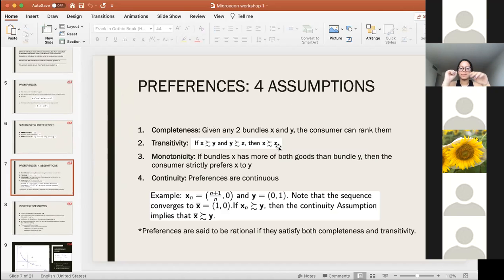If there are three goods, X, Y, and Z, and you prefer X to Y and you prefer Y to Z, it's assumed that you prefer X to Z as well, which isn't always necessarily the case in real life, but for the most part this is what you assume. The third one is monotonicity. If bundle X has more of both goods than bundle Y, then the consumer strictly prefers X to Y. This is basically a quantity thing: if there are more goods, you prefer more of that.